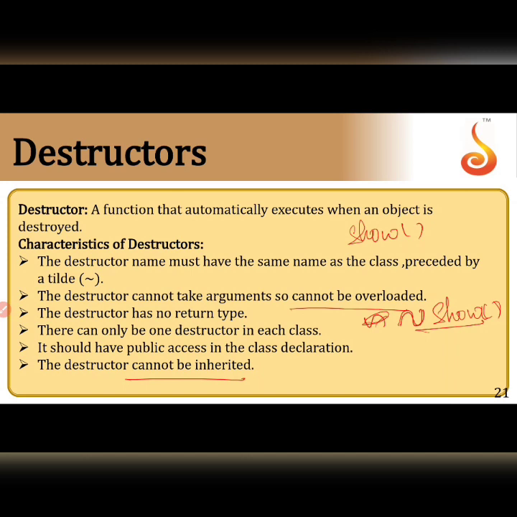It has to be declared in the public access of the class declaration, and it cannot be inherited. These are the characteristics of destructors. Please go through this. Then I will write one program for destructor and I'll write the output and tell you how it works. And this is again a 5-marker question. What is a destructor? What are its characteristics? All this would be asked in your exam.